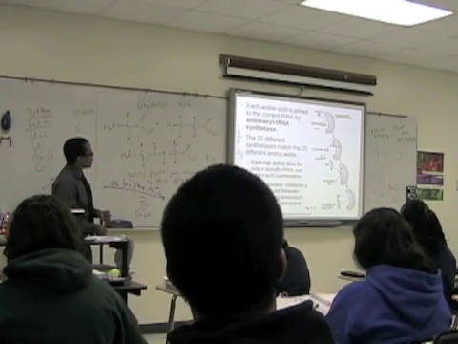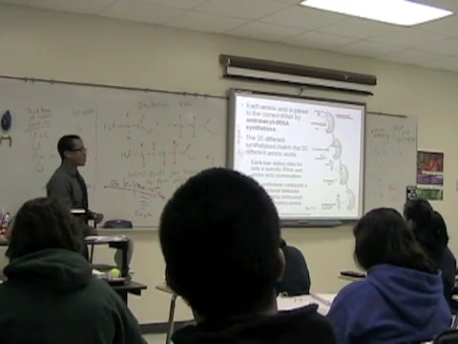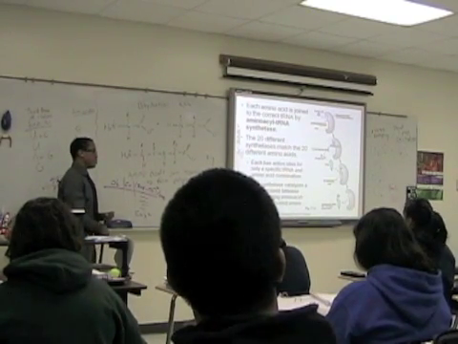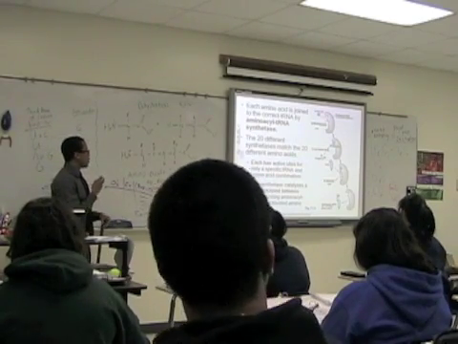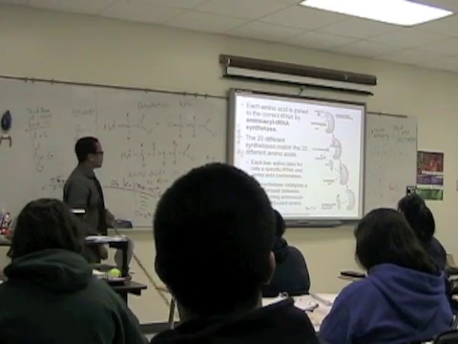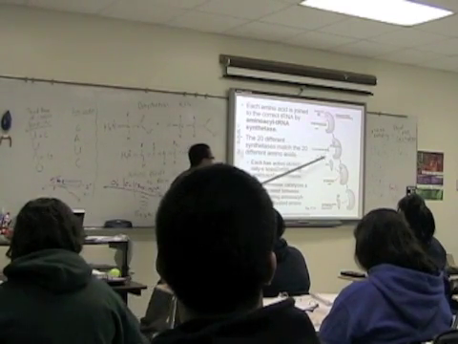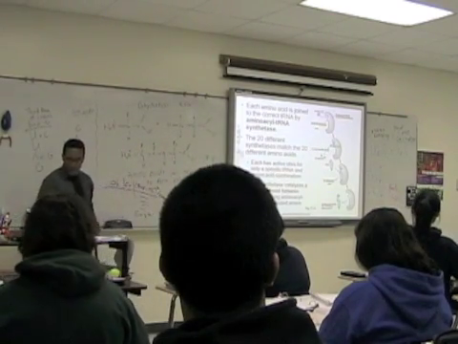Then the tRNA comes, and the ATP is cleaved, and that is the coupling reaction that allows the covalent attachment of the amino acid to the tRNA. So there's a covalent attachment powered by energy coupling.